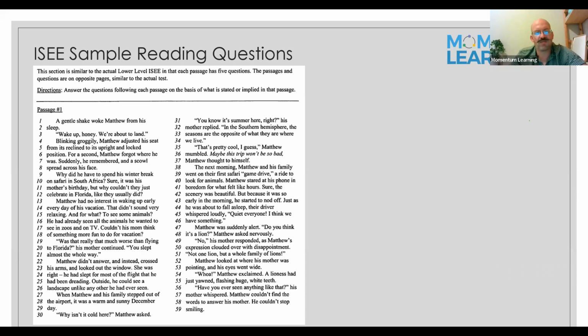Sure, it was his mother's birthday, but why couldn't they just celebrate in Florida like they usually did? Matthew had no interest in waking up early every day of his vacation. That didn't sound like something relaxing. And for what? To see some animals? He had already seen all the animals he wanted to see in zoos and on TV. Couldn't his mom think of something more fun to do for a vacation? Was that really that much worse than flying to Florida?